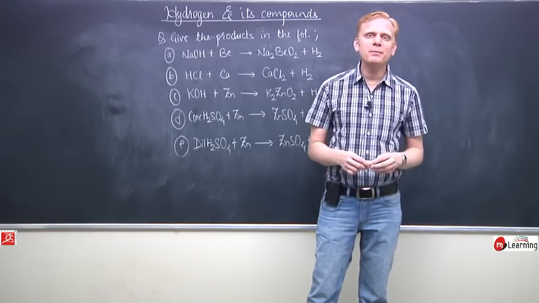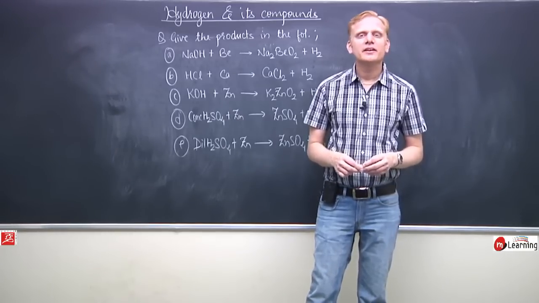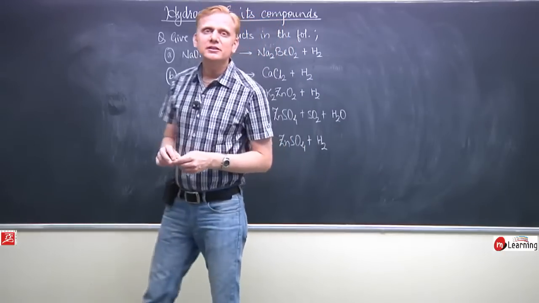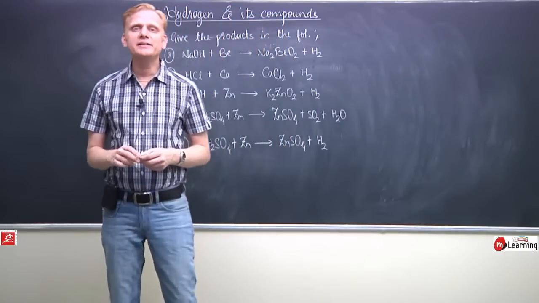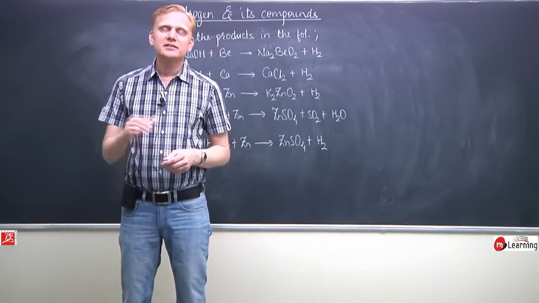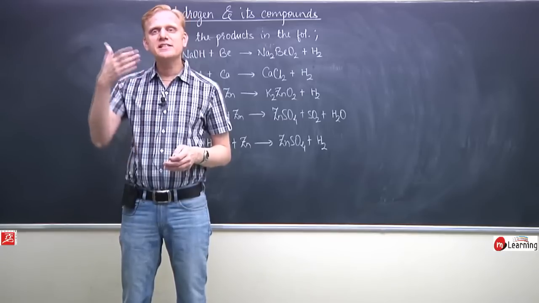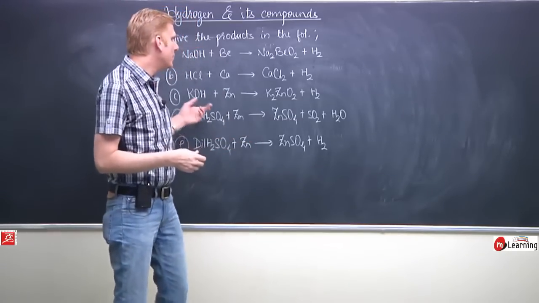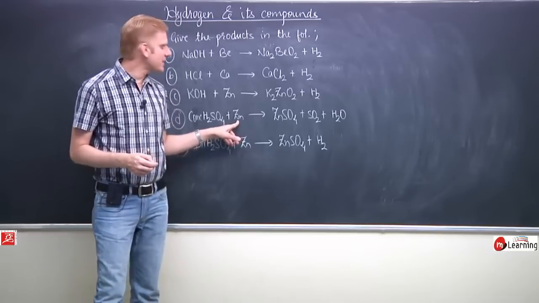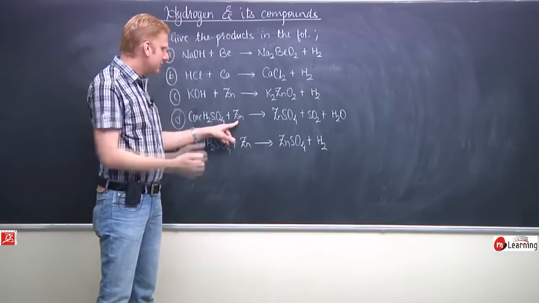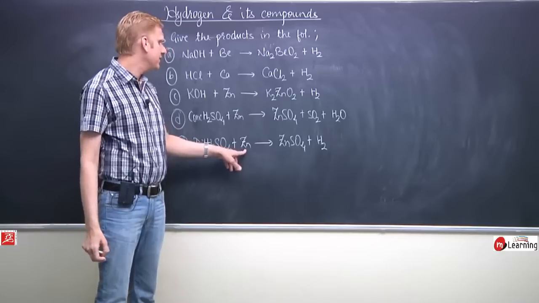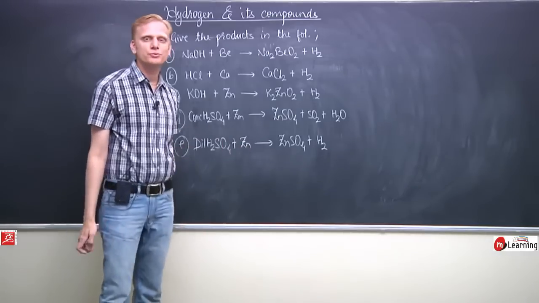Can you think about the reason? Yes, the reason is the position of copper in the reactivity series. The position of copper in the reactivity series is below hydrogen, while that of zinc is above hydrogen. So the reaction which is possible with zinc and dilute H2SO4 is not possible with copper and dilute H2SO4.